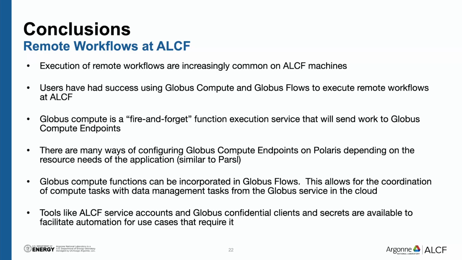Globus Compute functions can be incorporated in Globus Flows. This allows for the coordination of compute tasks with data management tasks that are launched from the Globus service in the cloud. And tools like ALCF service accounts and Globus confidential clients and secrets are available to facilitate automation for use cases that require it.